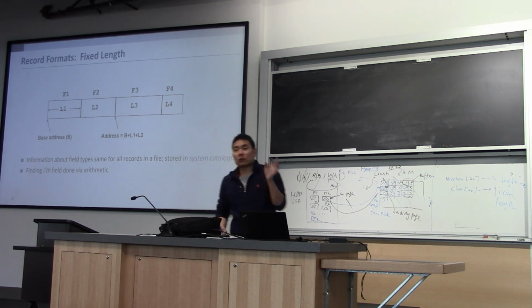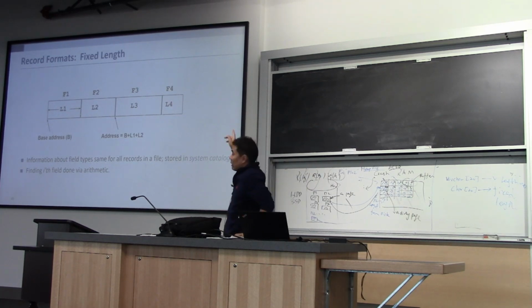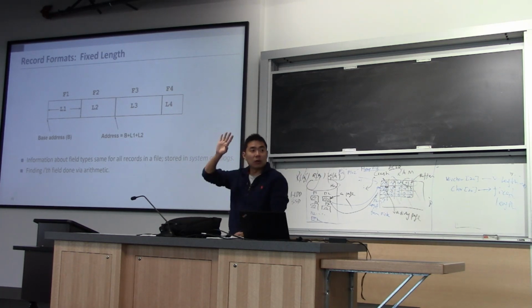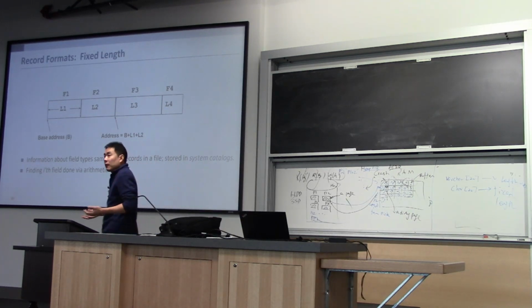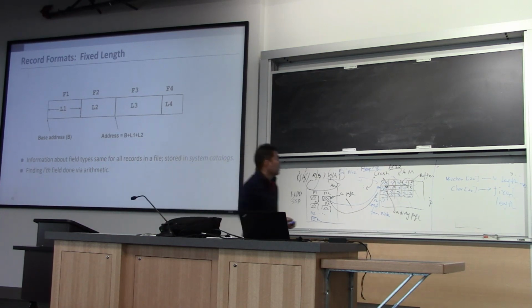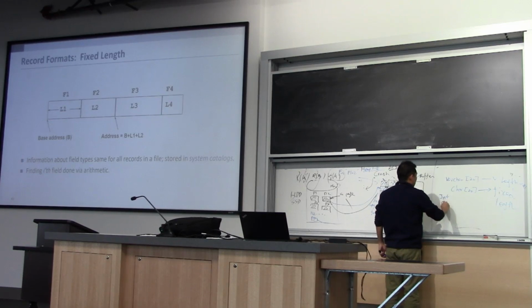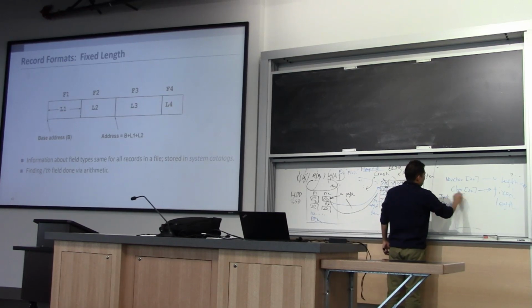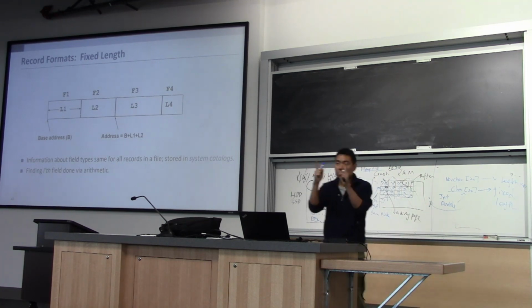Within a given record, I may have multiple attributes or fields. F1, F2, F3, F4, in this case. I have 4 attributes, and they have different lengths. If each one of them is of fixed length, meaning a data type such as integer or double, all of these are of fixed length.